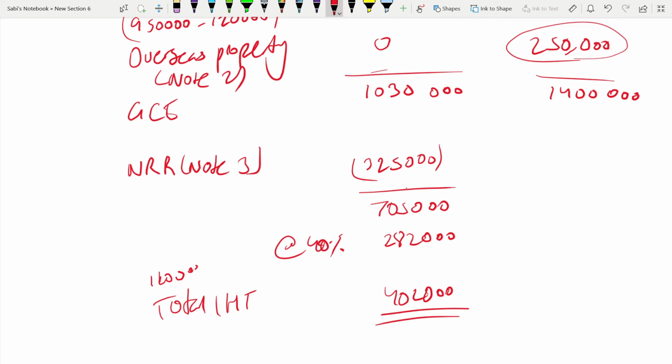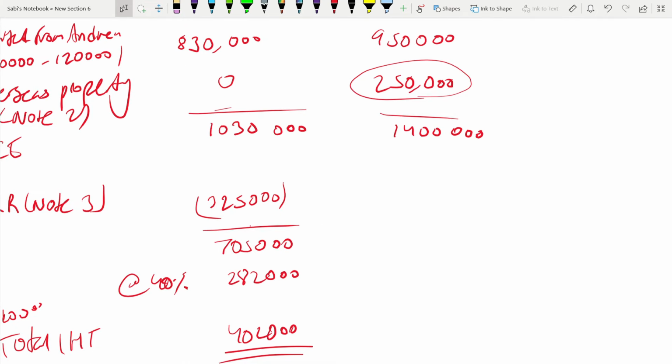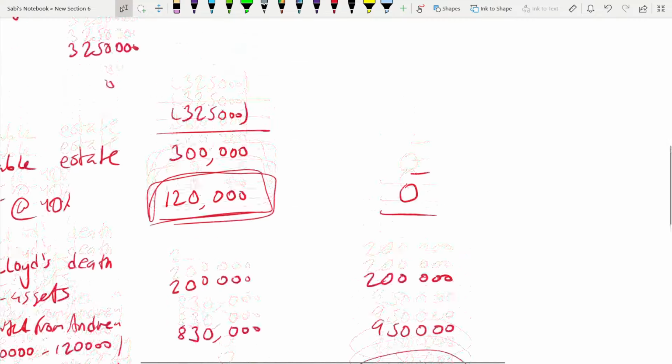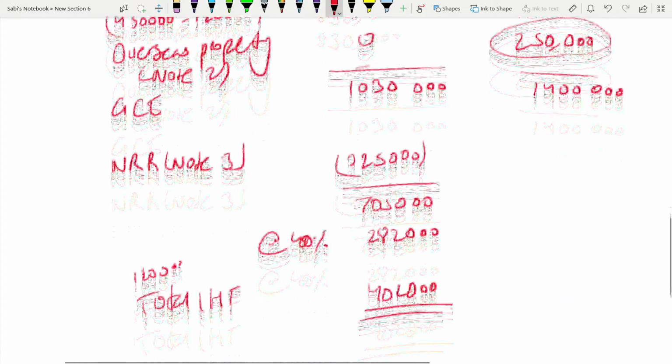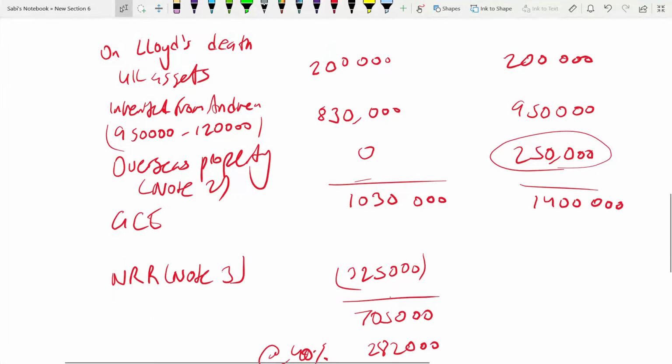Second one here. What happened? See here, 325,000. No nil rate band was utilized, so it can be transferred on Lloyd's death.